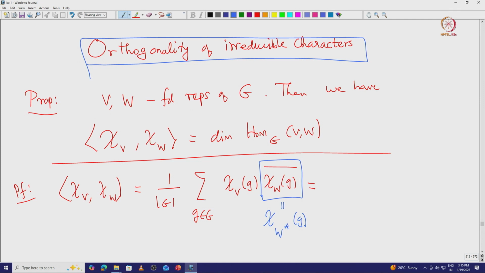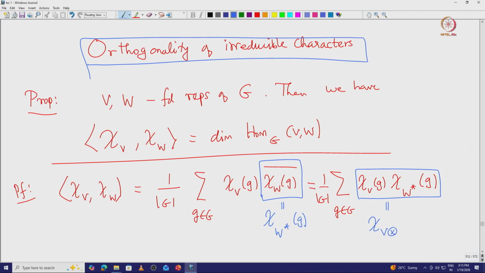So let us go step by step. This is exactly equal to 1 divided by the cardinality of G, summation over g in G, chi_V(g) times chi_{W*}(g). Now focus on this product: it is exactly equal to chi_{V tensor W*}(g).